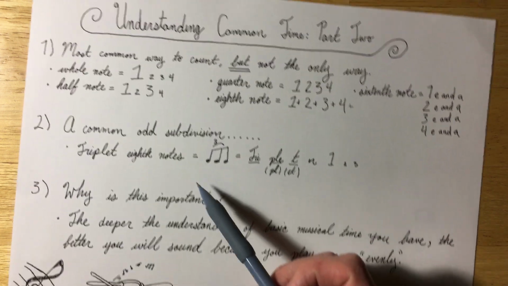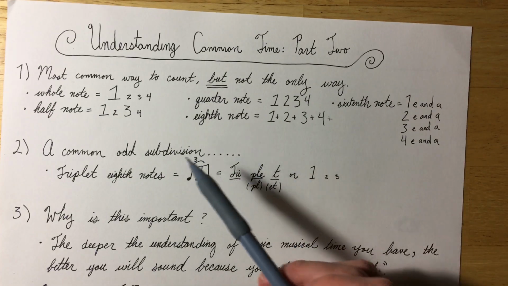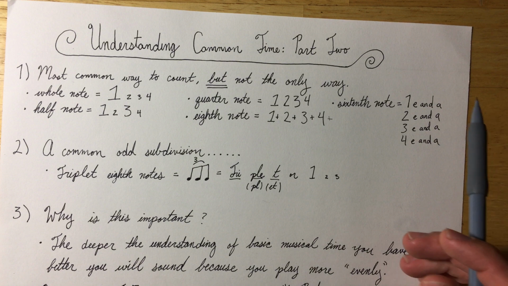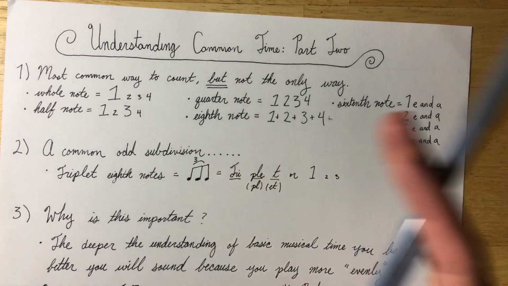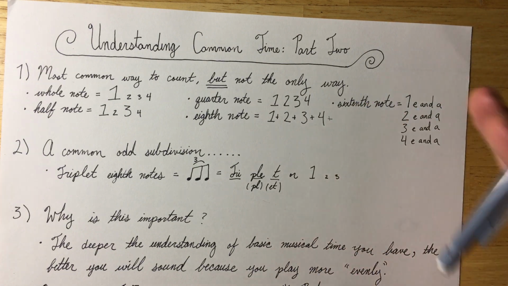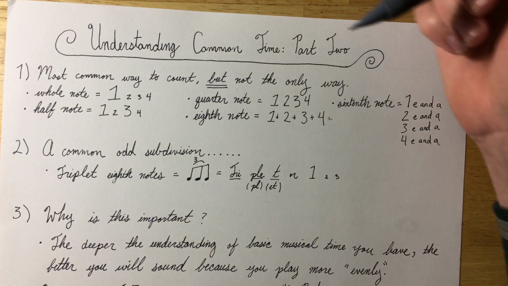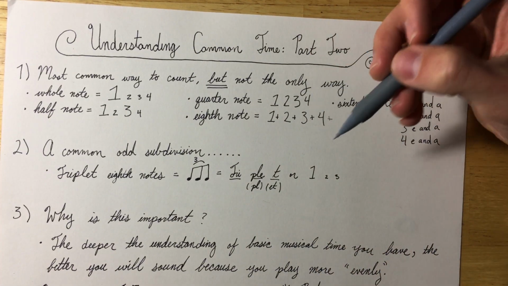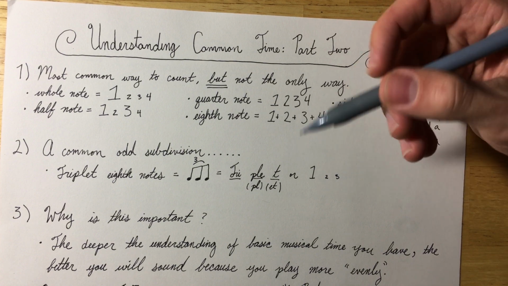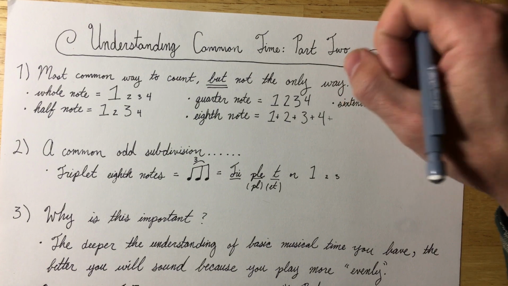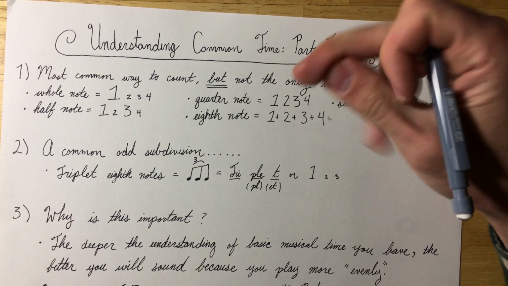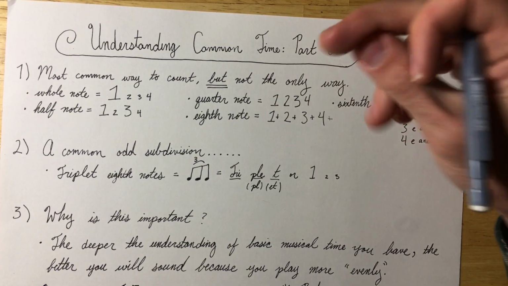I just want to go back up here and talk about this. However you want to count the beats into that subdivision is fine, as long as the beats are divided evenly. So when you come across an eighth note, you can count it as 1 and 2 and 3 and 4 and, or you can count eighth notes like 1 2, 2 2, 3 2, 4 2.